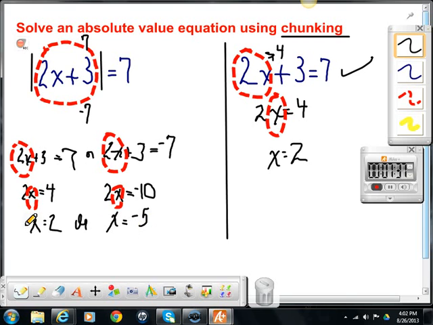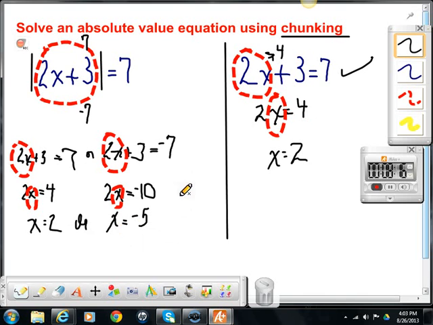Now we've already proven that 2 times 2 plus 3 equals 7. So we know that this one works. But now we have to prove that we're going to get the correct answer with a negative 5. 2 times a negative 5 equals a negative 10.